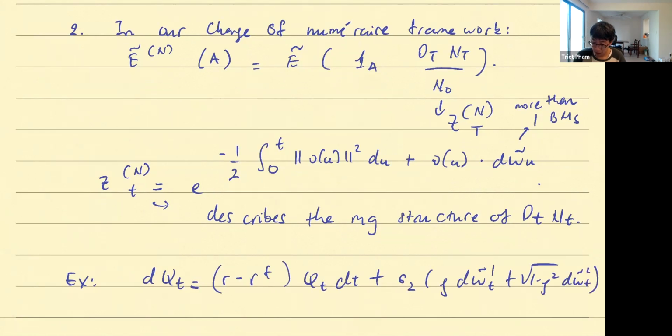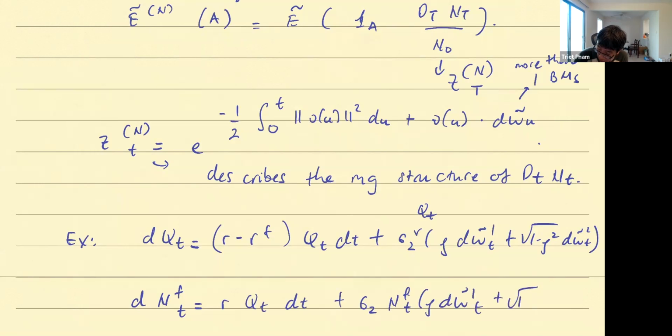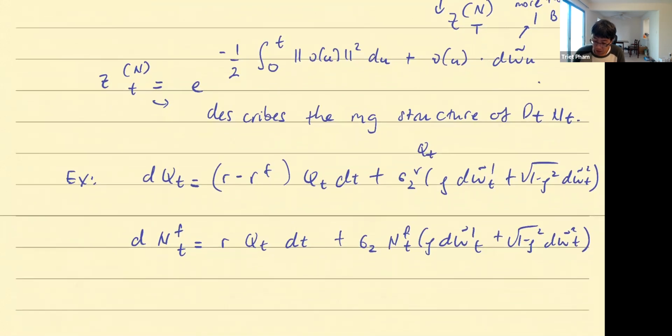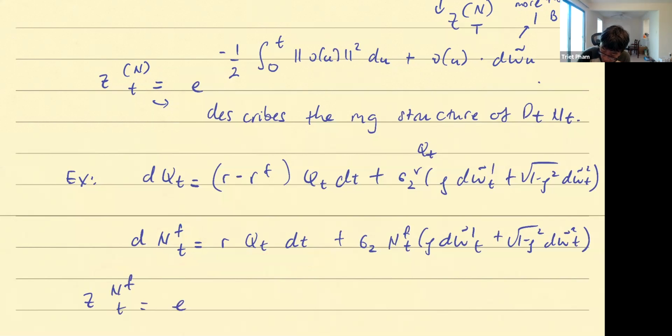Because of this, our money market account is r Q_t dt plus, sorry, I missed Q_t, sigma_2 Q_t rho dW tilde 1_t plus square root of 1 minus rho squared dW tilde 2_t. So the Z process describes the discounted price of the foreign money market. So Z^N_F,t is e to the minus 1/2 what?